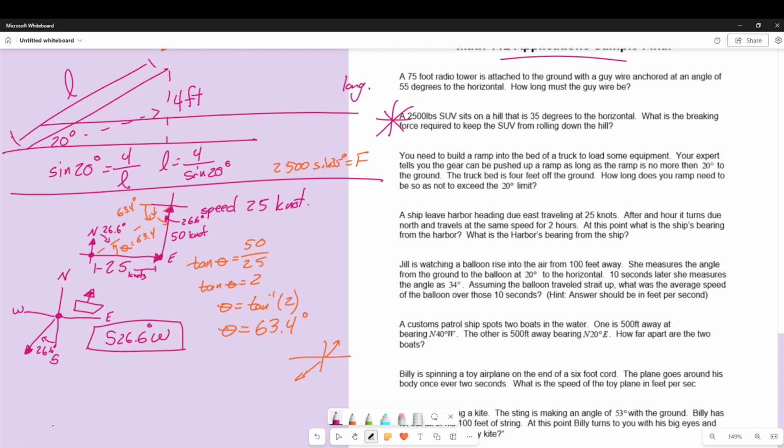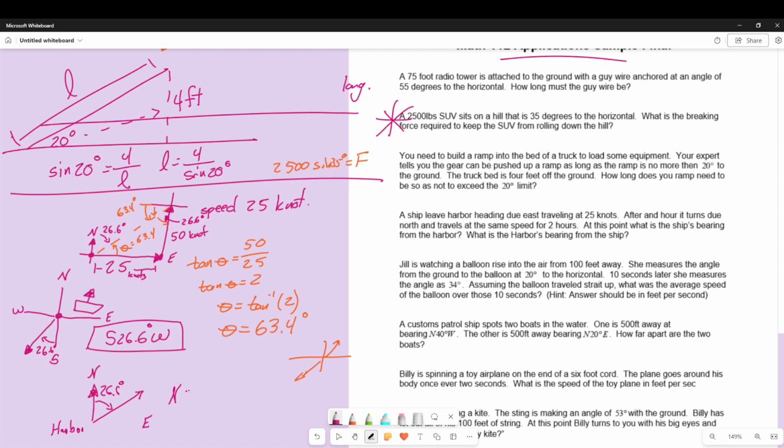So if we're the harbor, we would be facing north and turn that same 26.6 degrees, but we turned that 26.6 degrees towards the east from north.